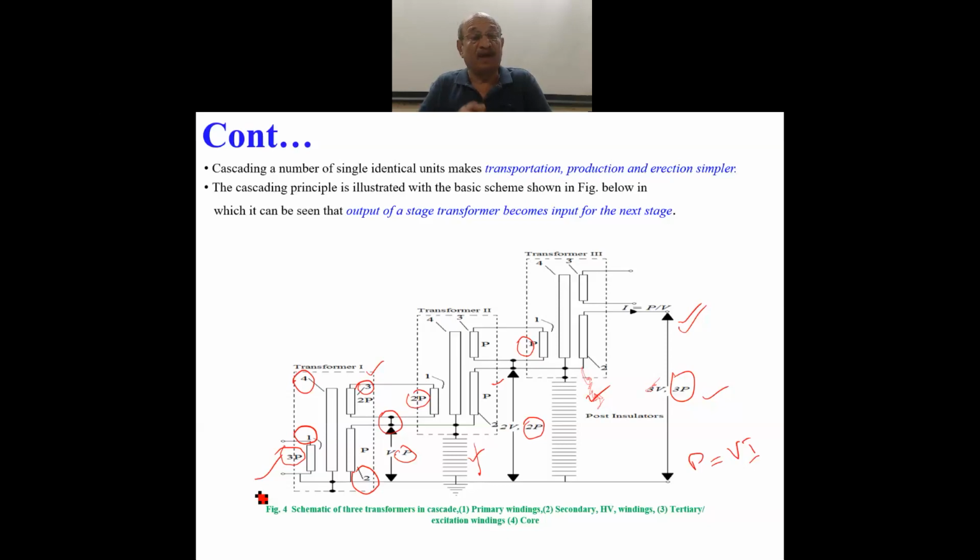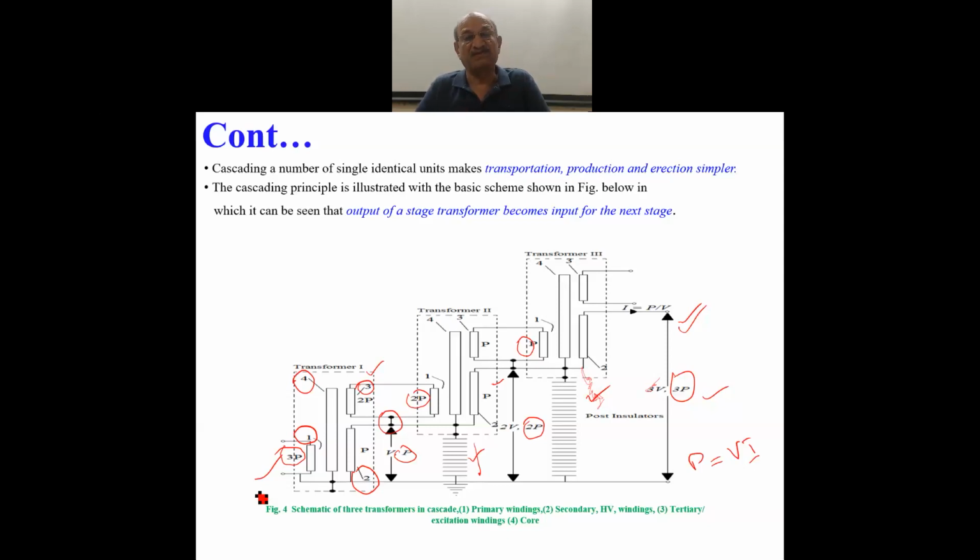The insulation between the primary and the secondary, the difference in voltage, will be proportional to the transformation voltage ratio. Since that is the same in all the 3 units, the level of insulation provided will be the same.